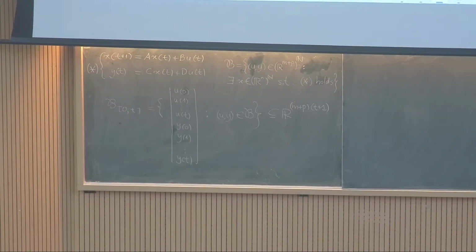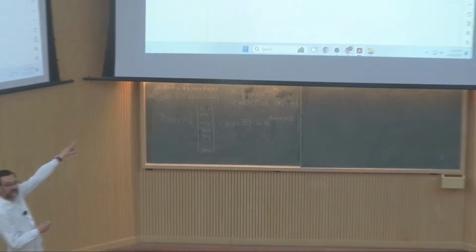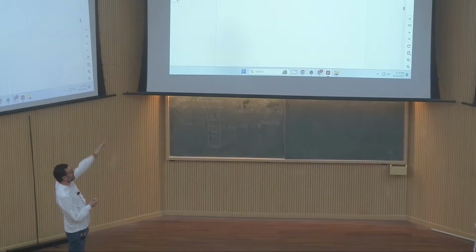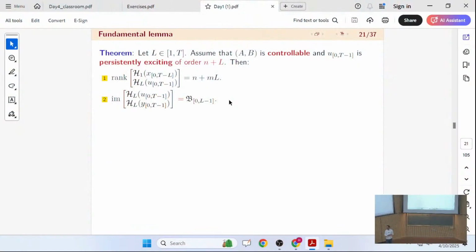Therefore, the left-hand side is included in the right-hand side by definition. Which means that the only thing to prove is the reverse inclusion. I should start from an element of the right-hand side, the restricted behavior, and prove that it is in that image. Of course, this doesn't happen always, only if the input is persistently exciting of order n plus L, and also AB is controllable. But I already made those assumptions. Okay?